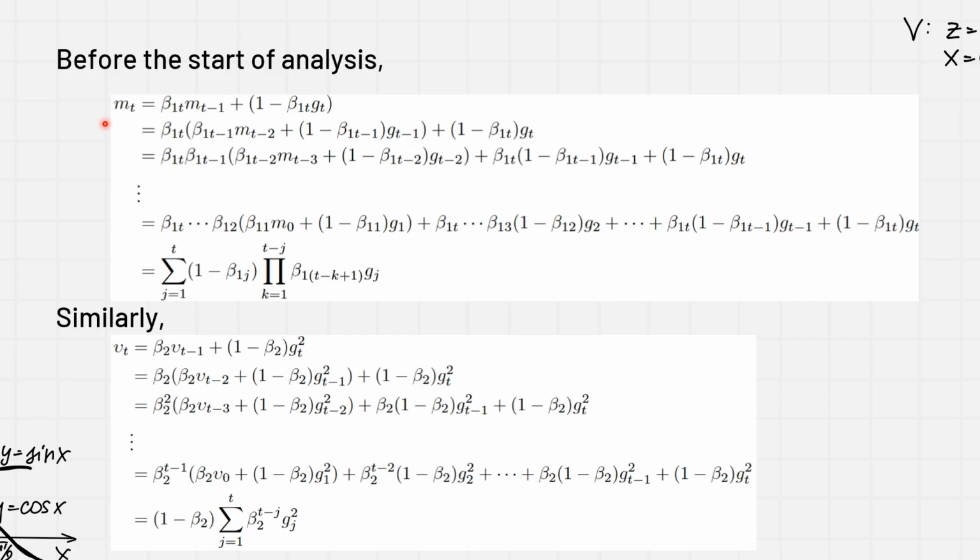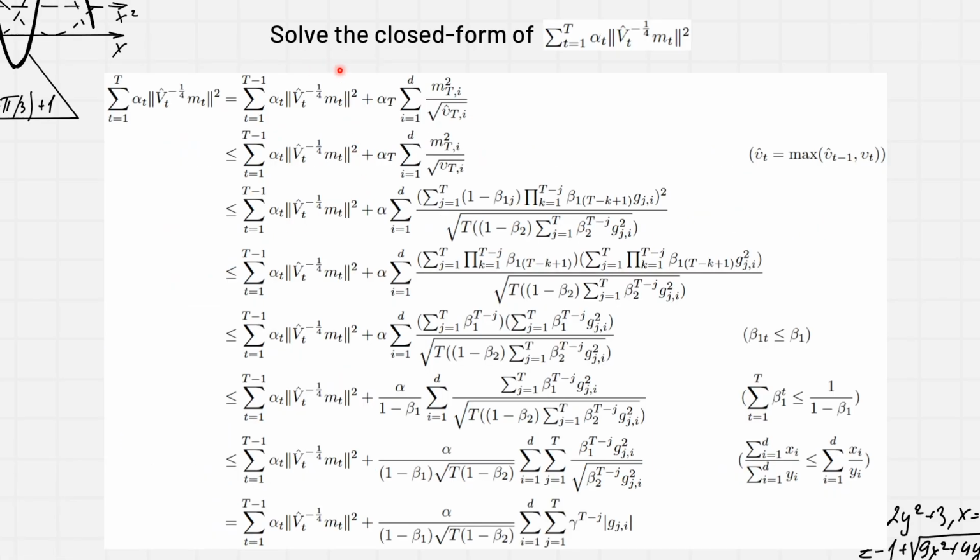Here, we just recursively derive the equation from the definition of exponential moving average. Next, we try to solve the closed form of this term. We begin with deriving the last element of the summation. And after multiple steps, we get the upper bound of the last elements.